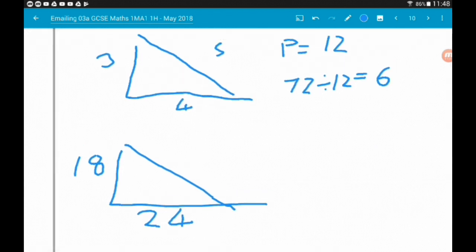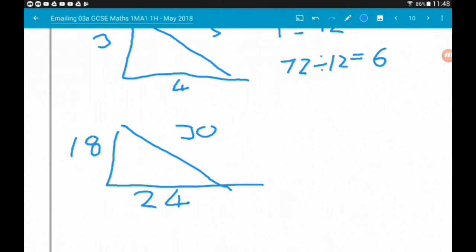And 30 for the hypotenuse. So let's just check that. 30 add 24 is 54, add 10 is 64, add 8 is 72, as we wanted it to. So this is our triangle.